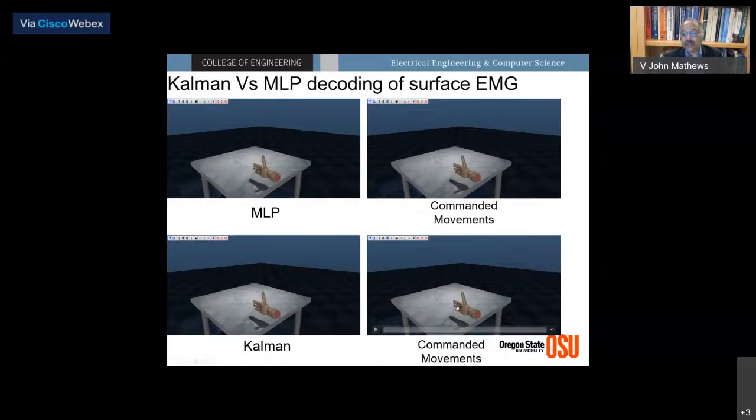And essentially, the idea is I want this hand to follow this using bioelectrical signals taken from the human subject. Kalman filter at the bottom, MLP at the top. I'm going to show the top first. Yeah. So you can see that the MLP here is following the movement reasonably closely.